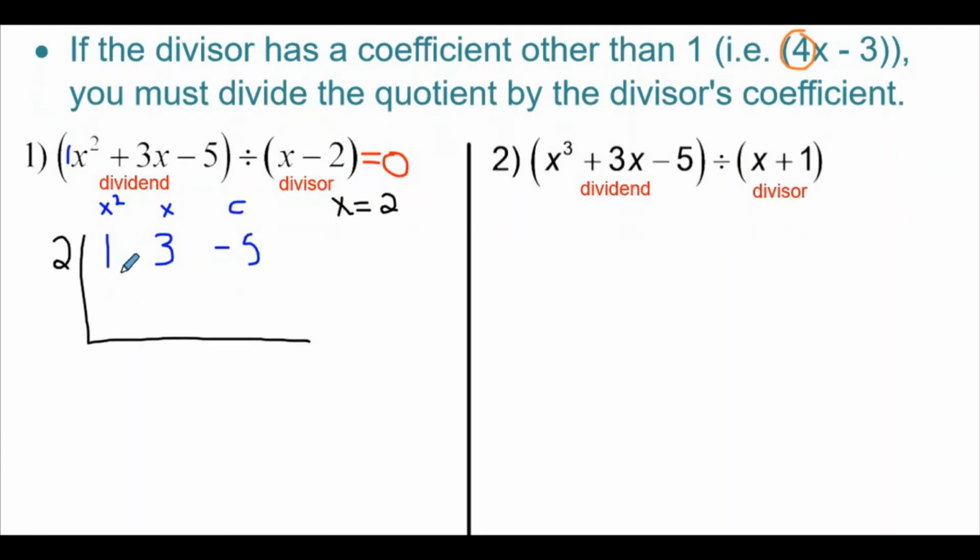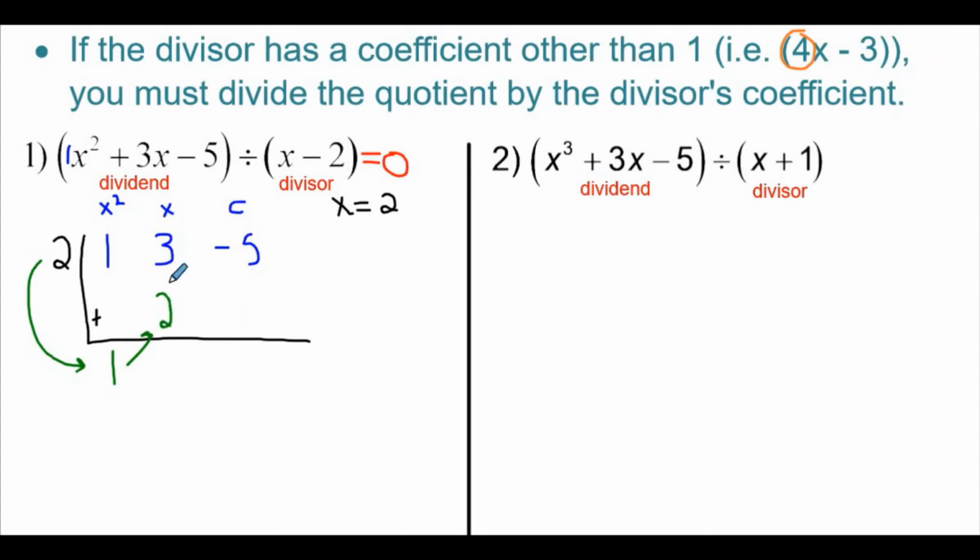Inside this inverted synthetic division box, you add everything that you have in here, starting from left to right. 1 plus nothing is 1. And then just like regular division, you multiply. 2 times 1 is 2.